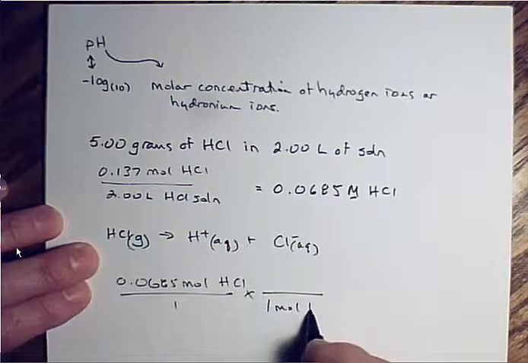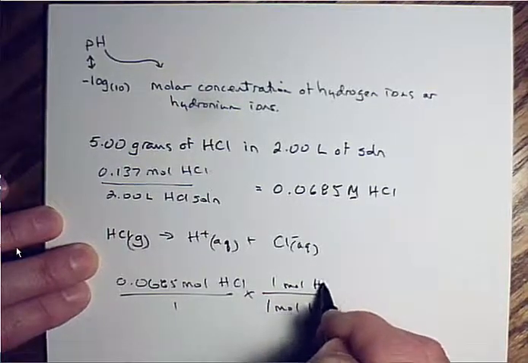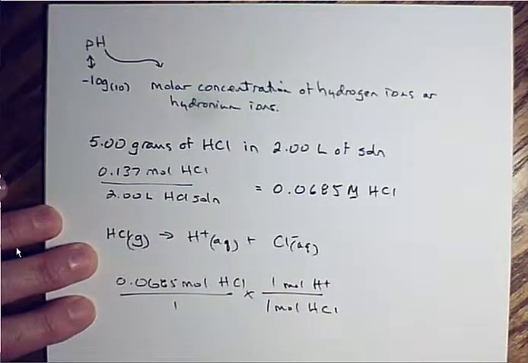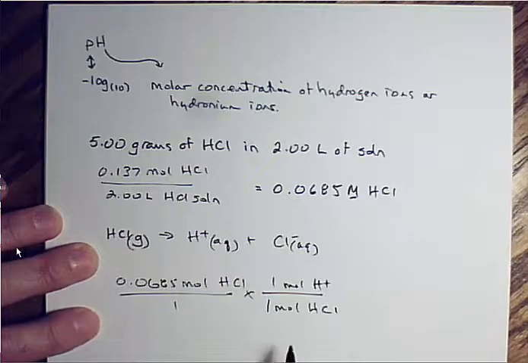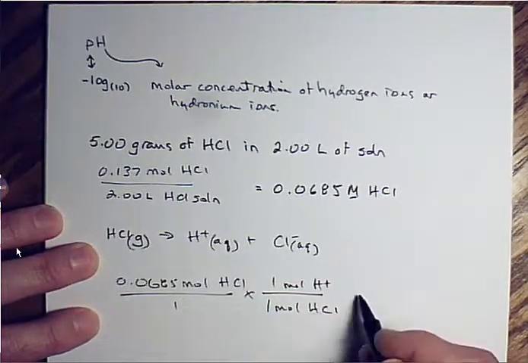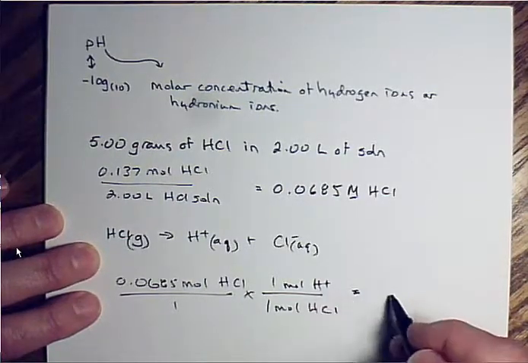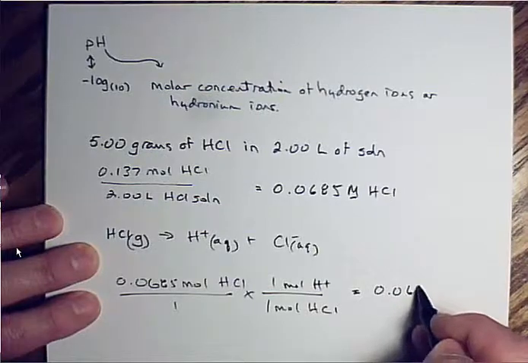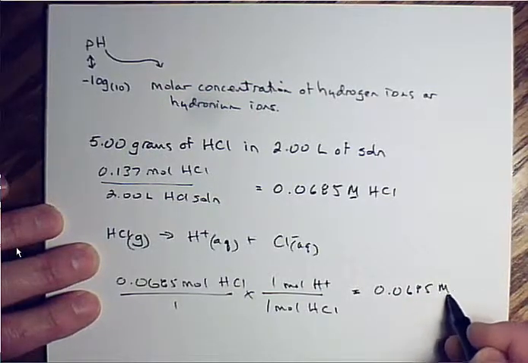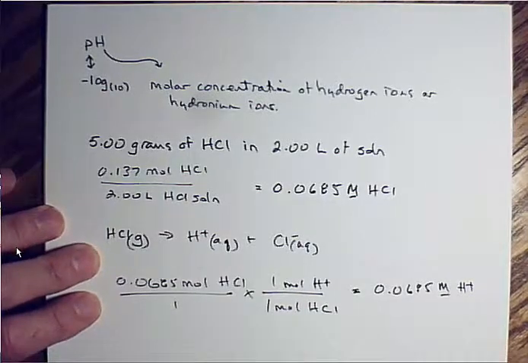So 1 mole of HCl, 1 mole of H+. Does that make sense? That's a molar ratio from this equation. Got it? And therefore the molar concentration of H+ is also 0.0685 molar H+. You with me so far?